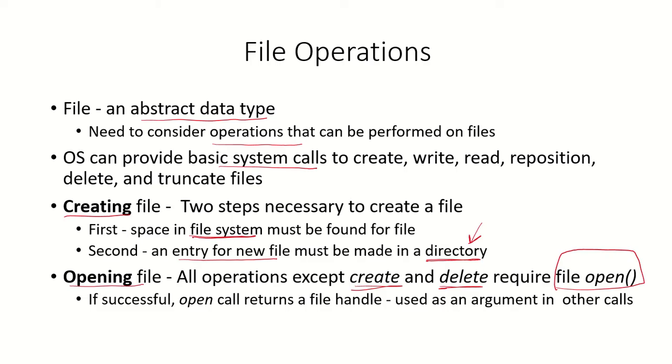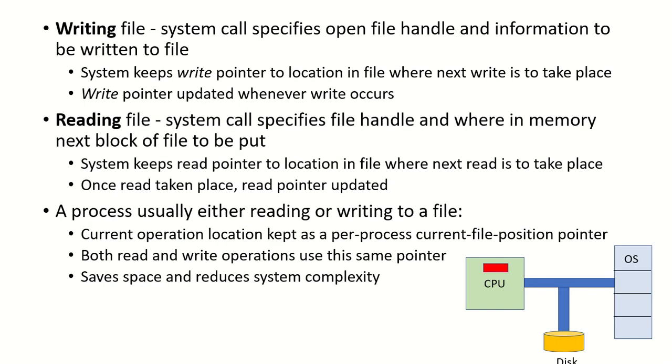All operations apart from these two will require the file to be opened first. If this system call, which is opening the file, is successful, it will return a file handle. This file handle is a numeric integer or file identifier, and it can be used as an argument in other calls for file operations.